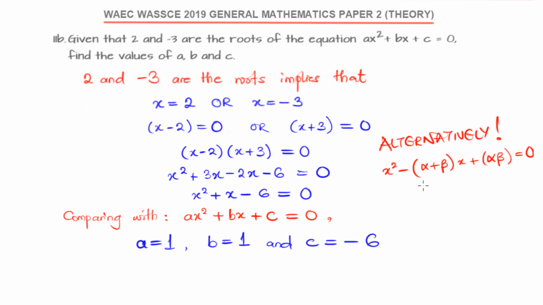So in this case, if you want to use this formula, we could have just said that our alpha plus beta will now be the sum of the roots, and our alpha beta will be the product of the roots. The sum in this case will be minus 3 plus 2, and the product will be minus 3 times 2. If we use this, we also get the same answer. So that is the solution to our question. Any of those cases would have sufficed us to get the solution.